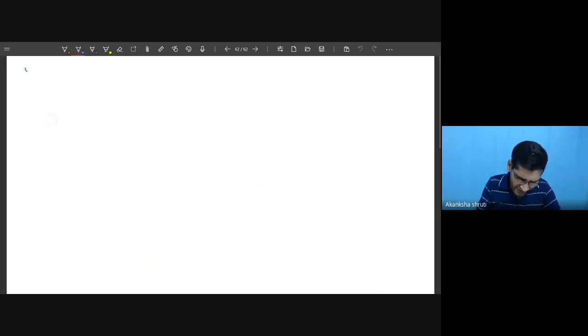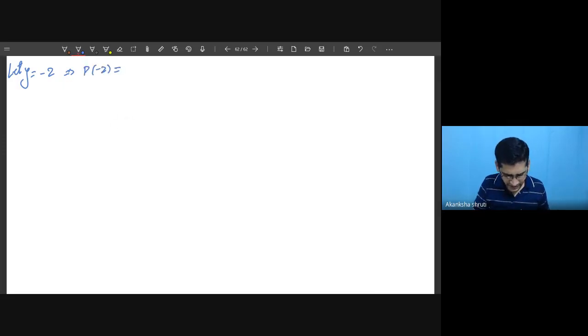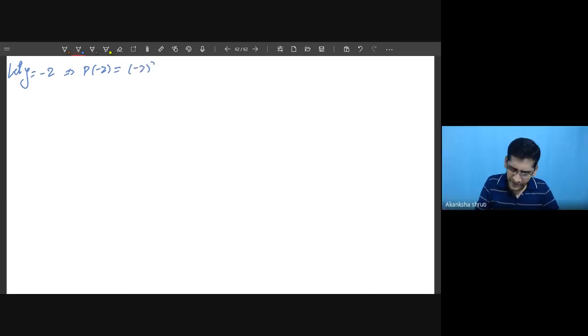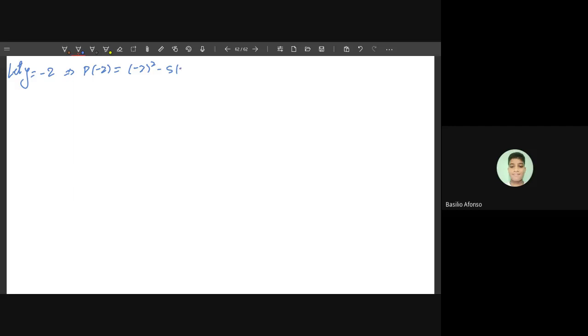So now let y equal minus 2. Here you have to write the 'let'. Now what is your p of minus 2? Again do the same thing. Minus 2 square minus 5 into minus 2 plus 6.